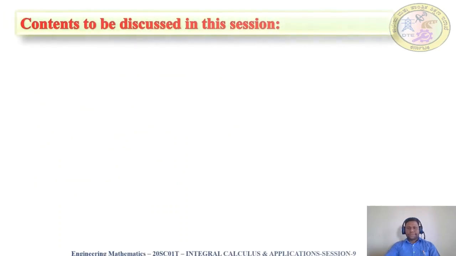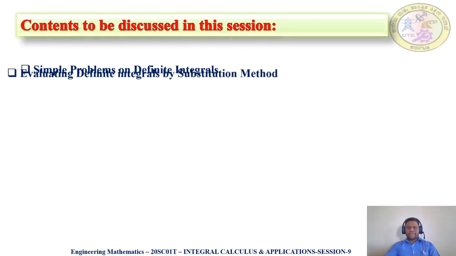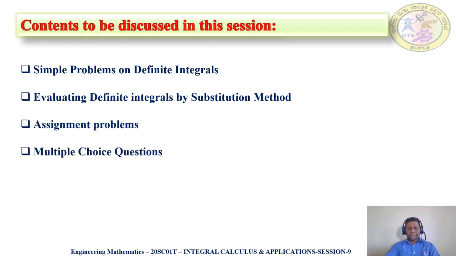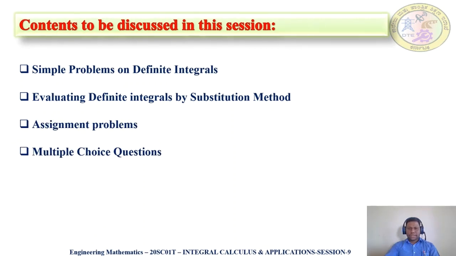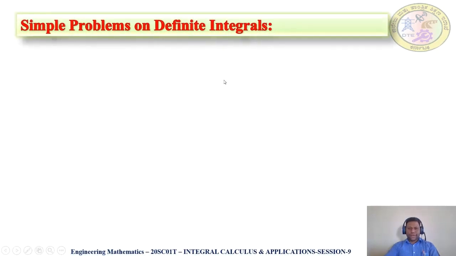In this session we are going to discuss simple problems on definite integrals, evaluating definite integrals by substitution method, assignment problems and multiple choice questions. So directly we start with the simple problems on definite integrals.